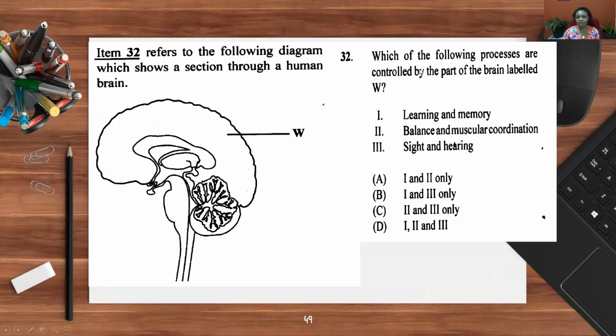Which of the following processes are controlled by the parts of the brain labeled W? 1, learning and memory. 2, balance and muscular coordination. 3, sight and hearing. So the answer would be B. Learning and memory, sight and hearing is coordinated and controlled by the cerebrum, while balance and muscular coordination would be controlled by the cerebellum.